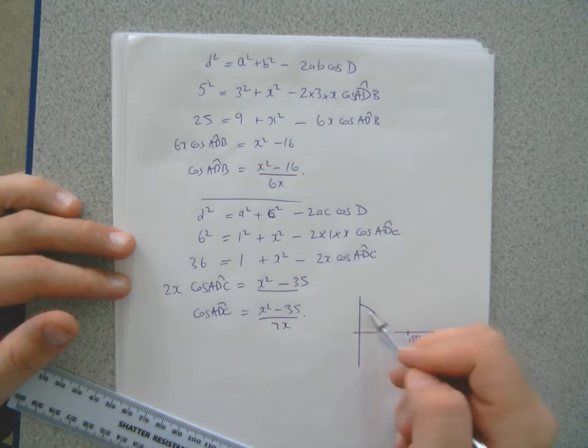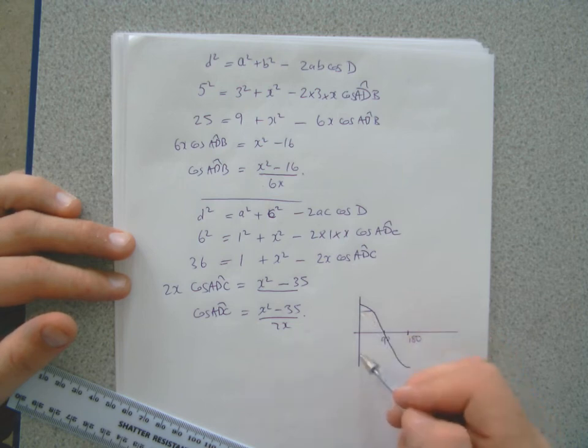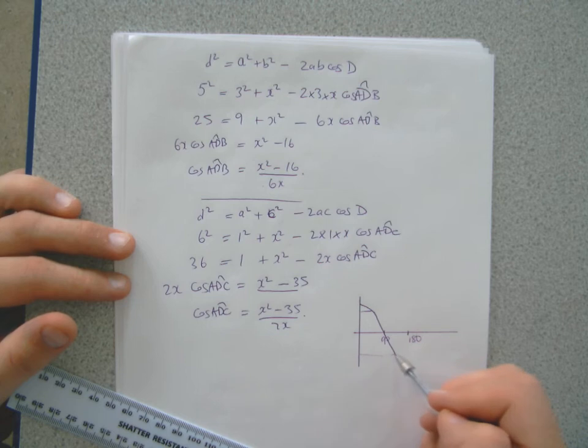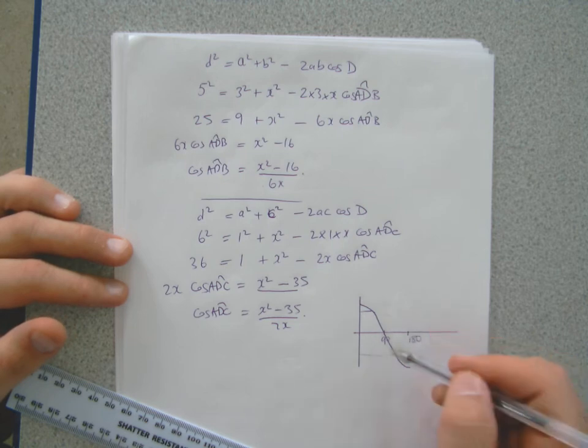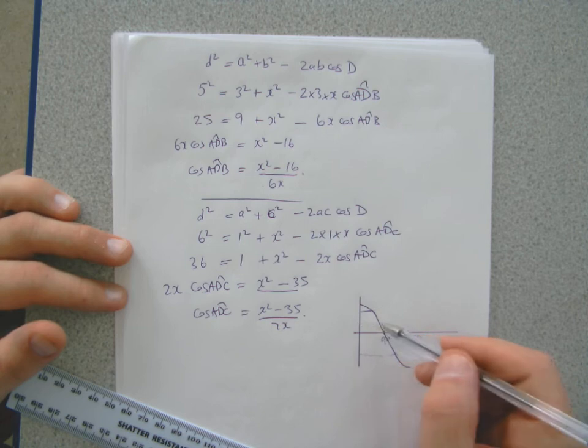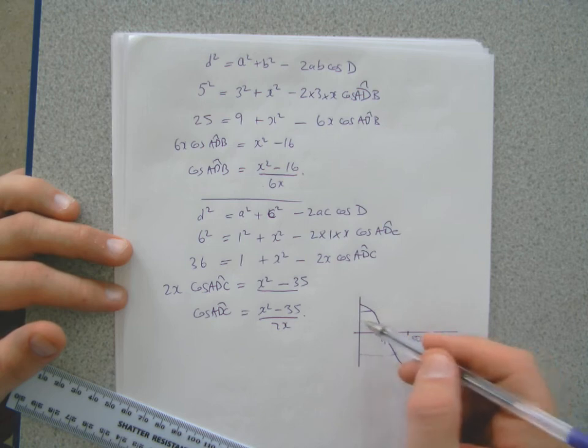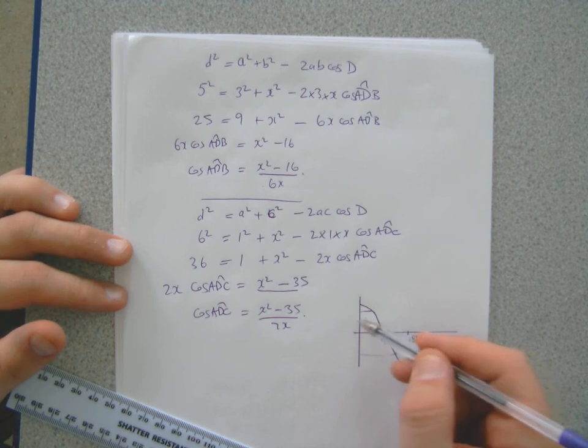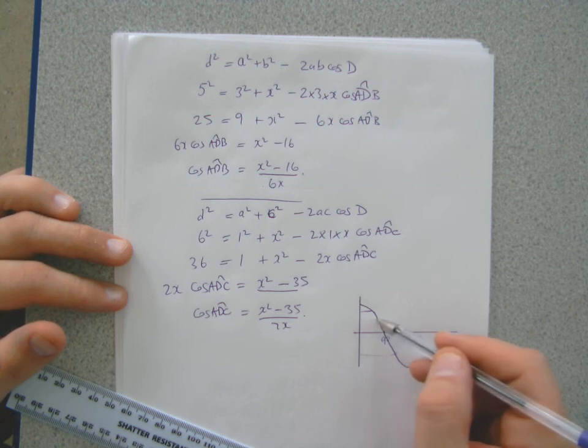Well that would give you a certain value there, so the negative value of that would be down here, and the symmetry would be that would actually be 150, so they both add up to 180 degrees. Suppose we got a half there, that angle would be 60 degrees, wouldn't it? Cos of 60 degrees is a half.